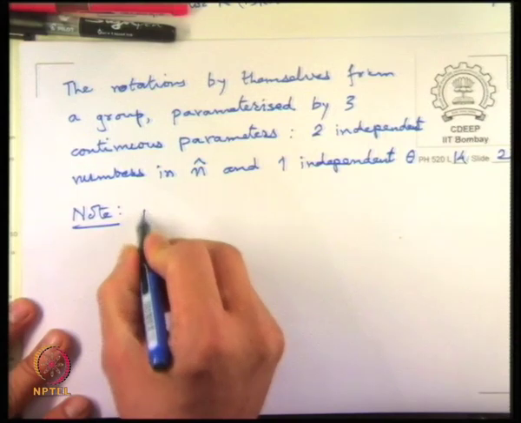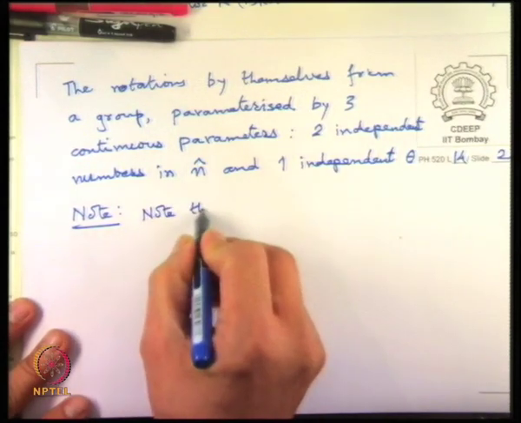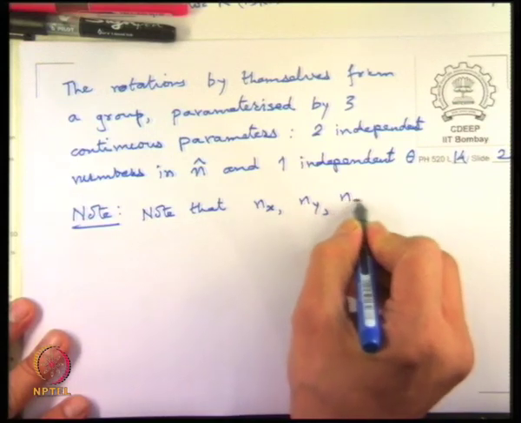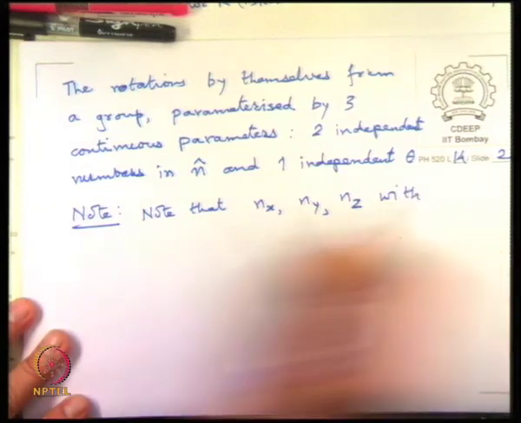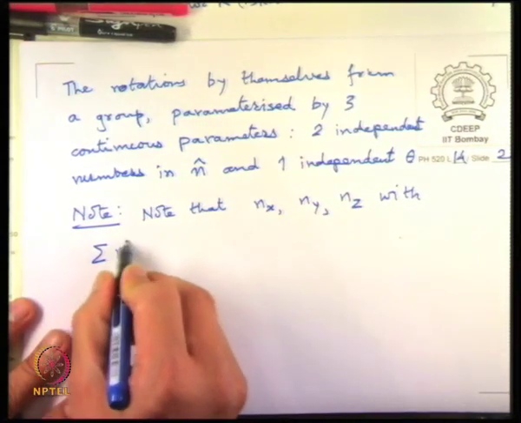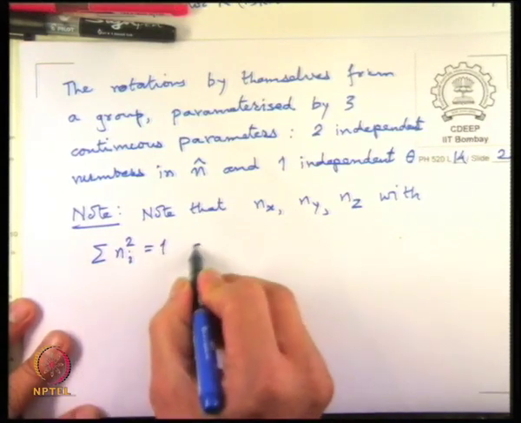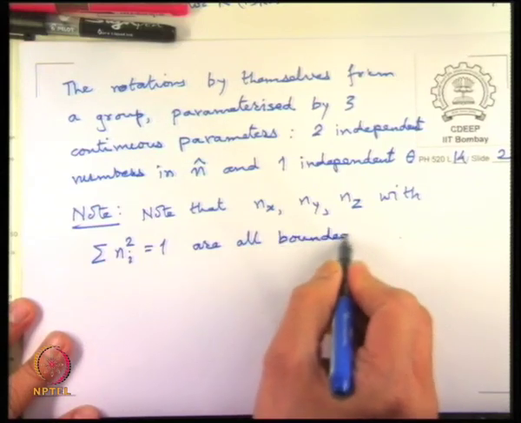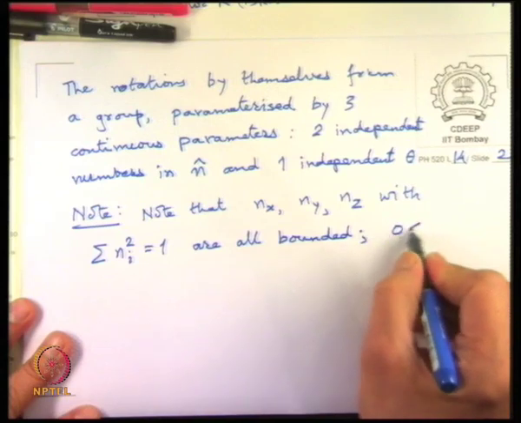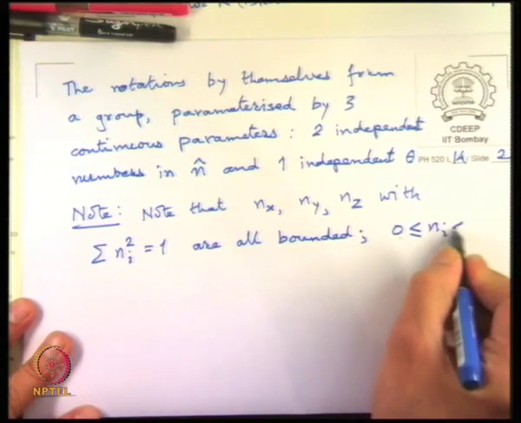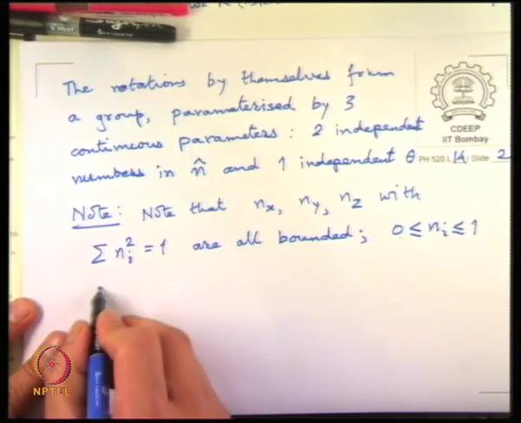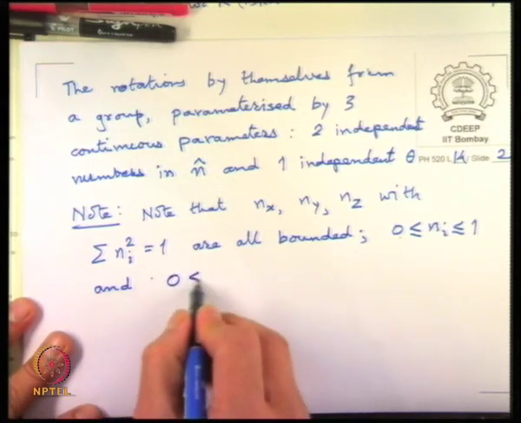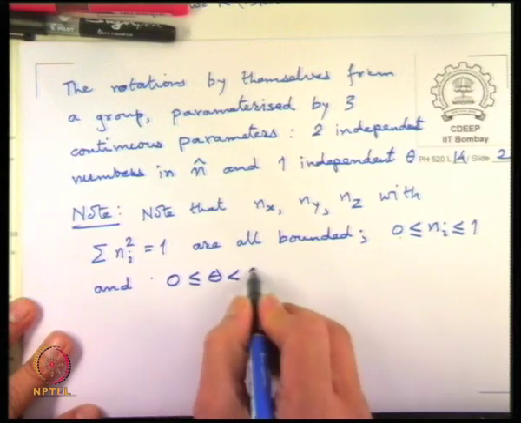So, note that nx, ny, nz with the sum of ni squared equal to 1 are all bounded, 0 less than or equal to ni less than or equal to 1, and for theta, 0 less than or equal to theta less than 2 pi.